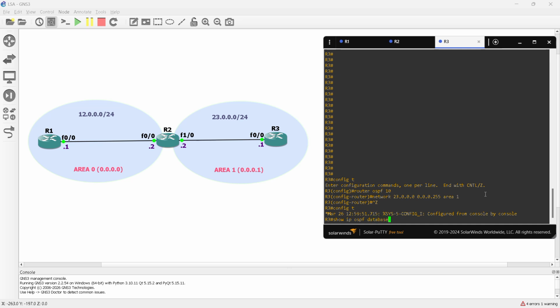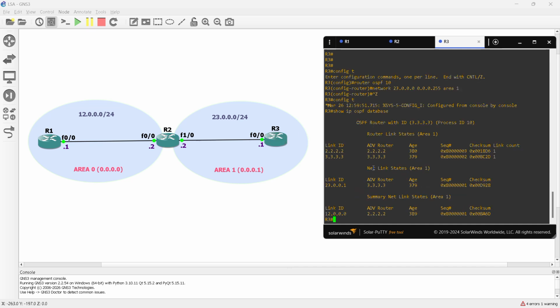what will happen is that every router generates a router LSA, that is a fact. But here we'll also see the network summary LSA for the particular area. As you can see, it also generated a network LSA, right? R3 was the DR, and you can see its own router ID.